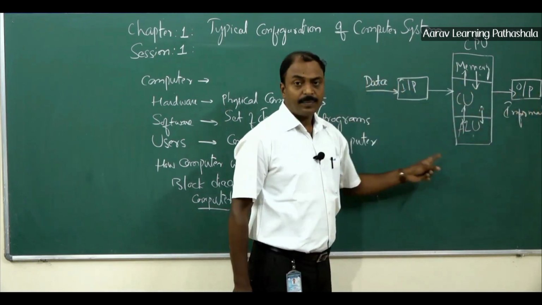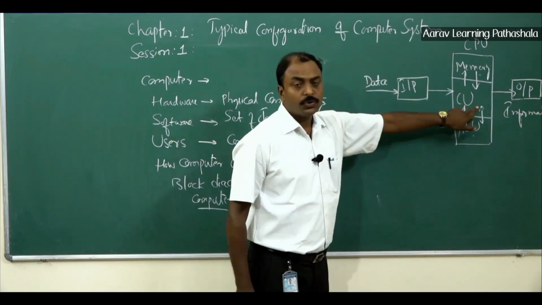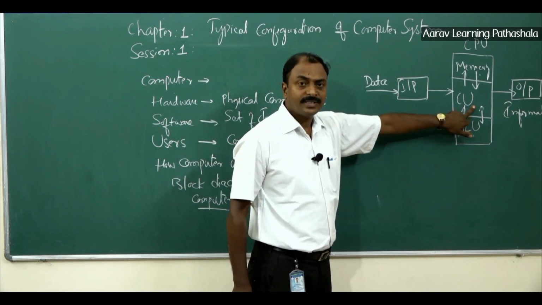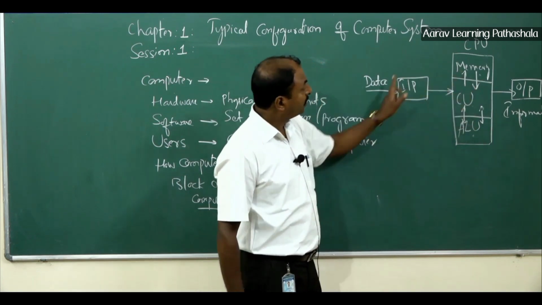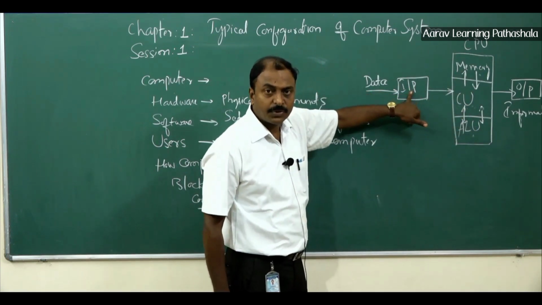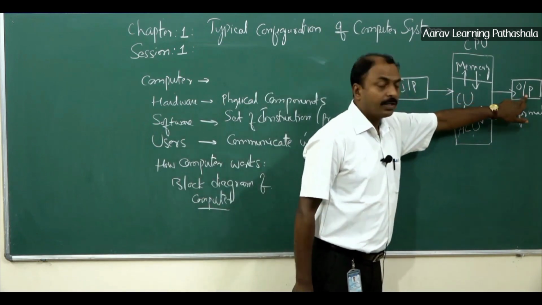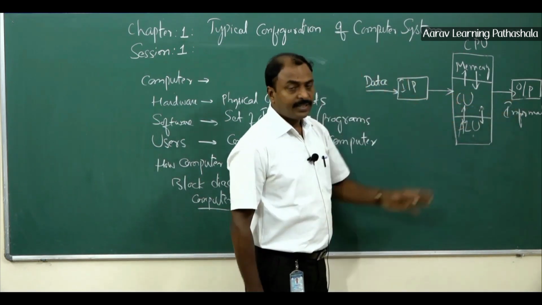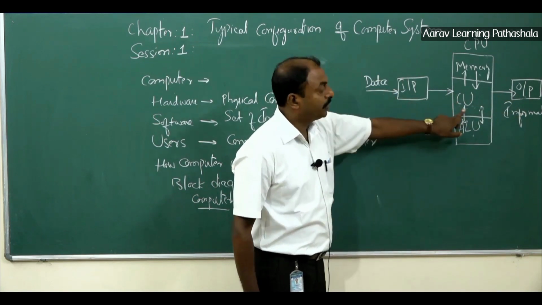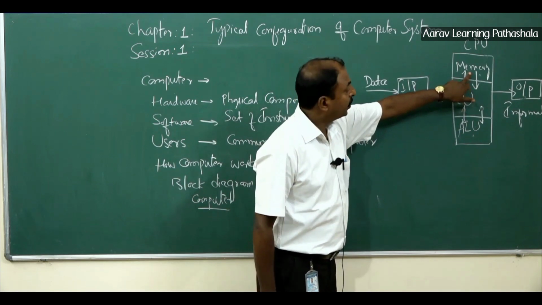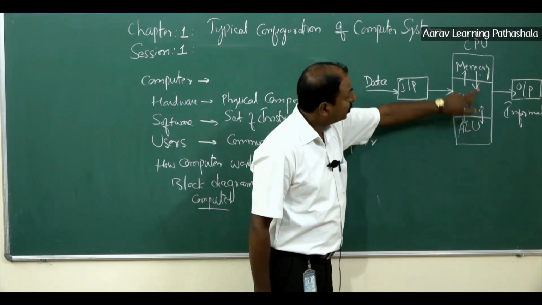All this is happening because of the control unit. This unit controls and sends signals to different parts of the computer, for example, to accept the data from the input device and to display the data on the monitor or output device, again to store data or information in the memory, and from memory it goes to ALU, and again back to memory.